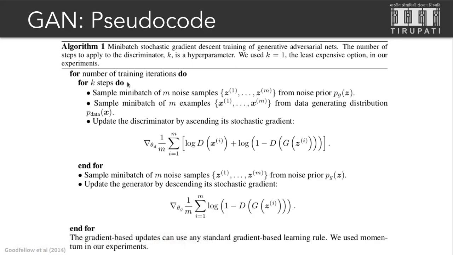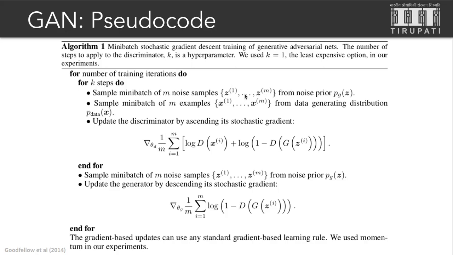It is not necessary that we train the discriminator for exactly the same time as the generator. So we take some k steps. k is a hyperparameter, and it is the number of times we train the discriminator per one time we train our generator.